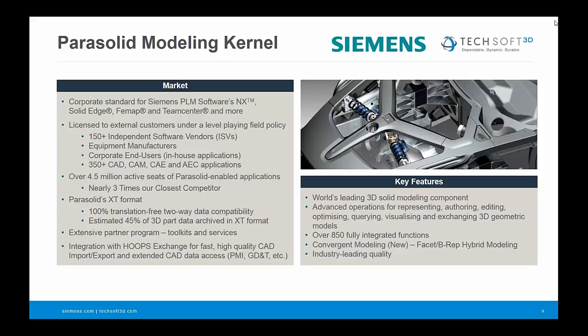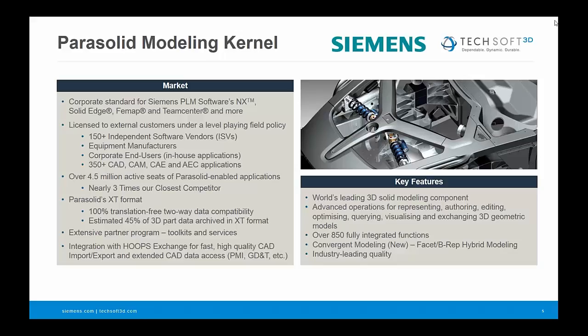But then, of course, we've been licensing it for many, many years, and we have a very prestigious customer base out there, over 150 ISVs currently licensing and using Parasolid, with over 350 individual applications. And at this point, and we do track this number quite closely, we've got 4.5 million approximately active seats out there, many times our closest competitor.